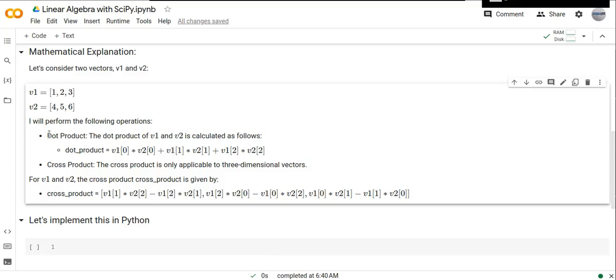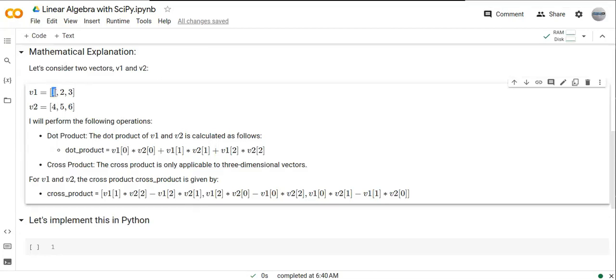As I have said previously, the dot product is known as a scalar product of two vectors that measures the similarity between vector 1 and vector 2. And the result is a scalar value, defined as the sum of element-wise products of the two vectors.